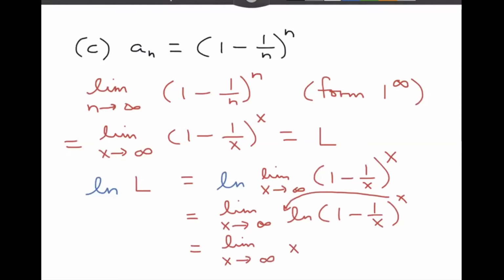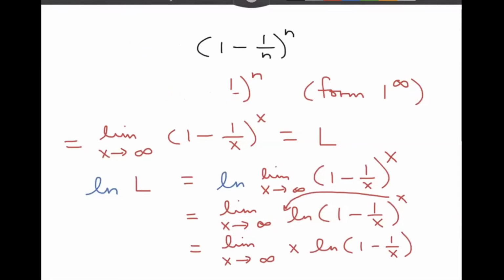All right, the limit as x approaches infinity of x times natural log 1 minus 1 over x. And let's see. I think I have something set up on the next slide, so we can get rid of this.